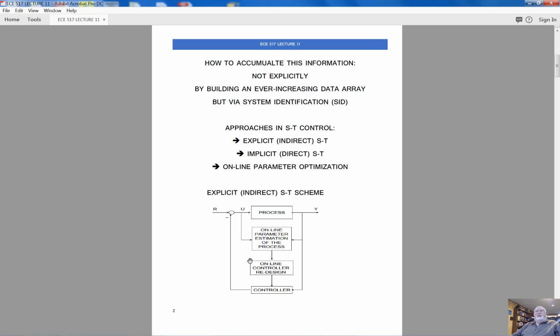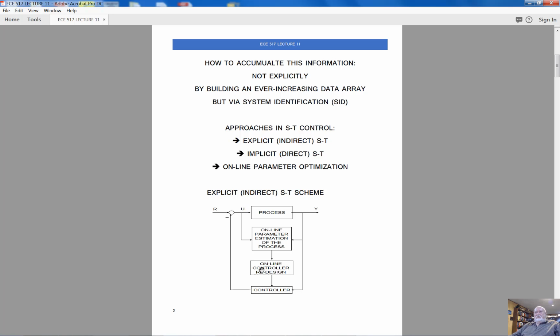How often could the system controller be redesigned? With all this computing power we have, it could be done reasonably frequently. Obviously, we cannot redesign the controller with the same frequency as a discrete time control law is being applied.